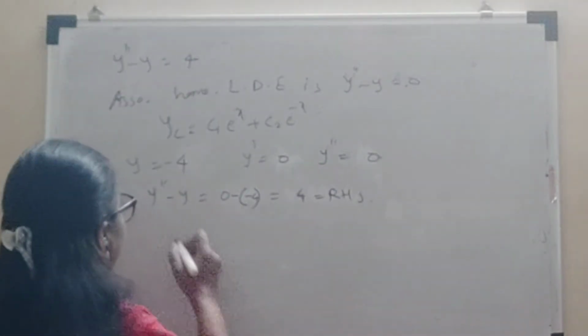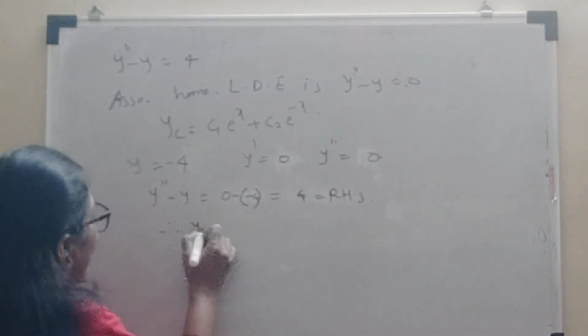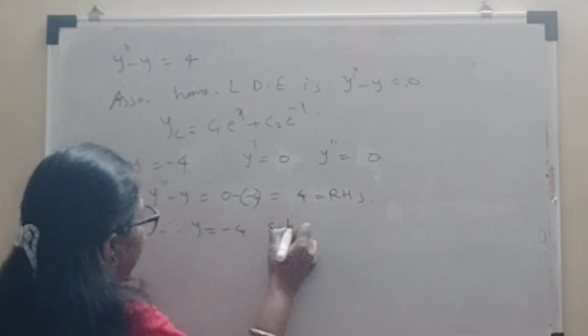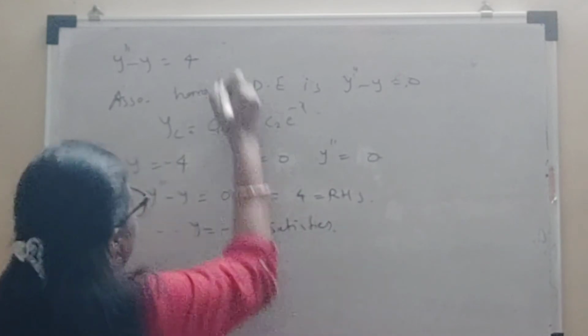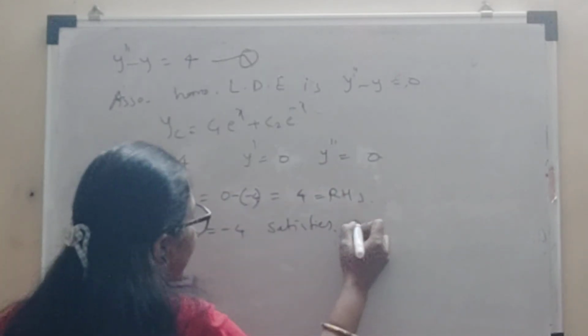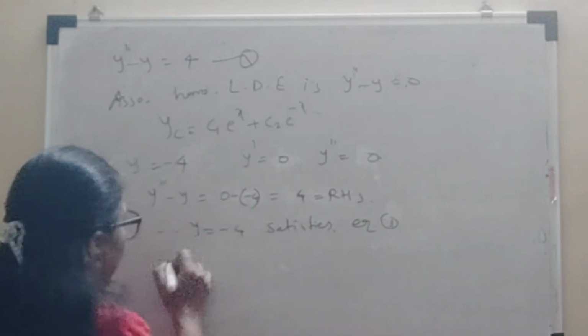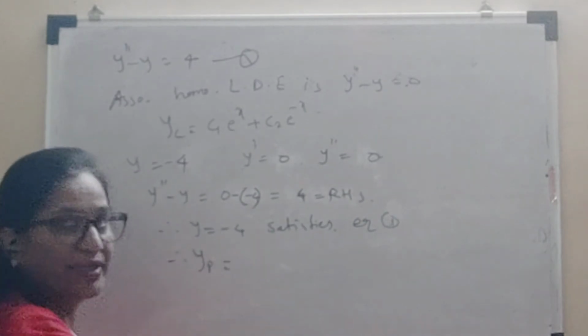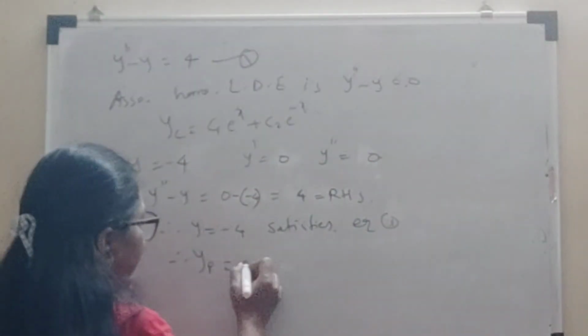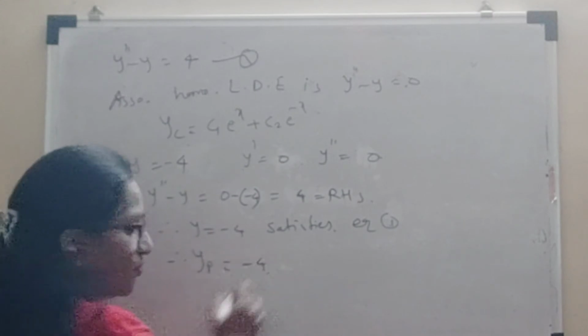Okay. So therefore yes, y is equal to minus 4 satisfies the given differential equation 1. So therefore yp, the particular integral, is given by minus 4.